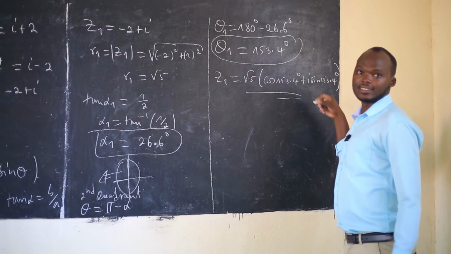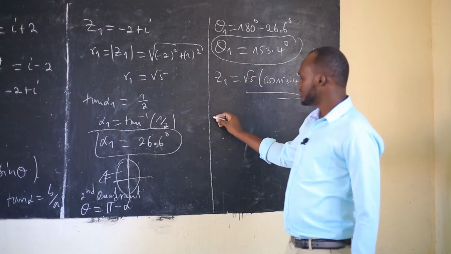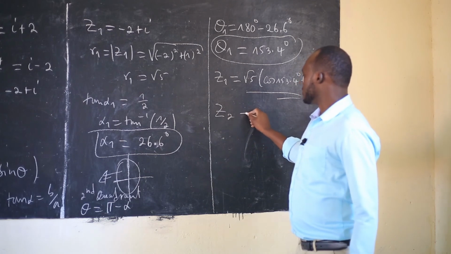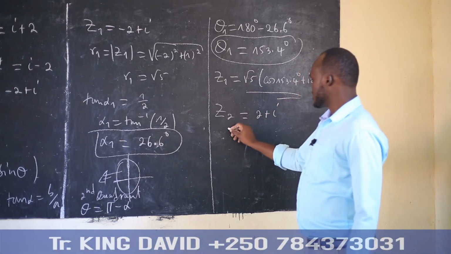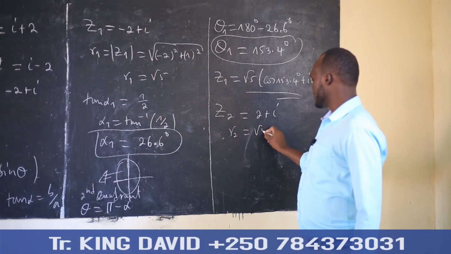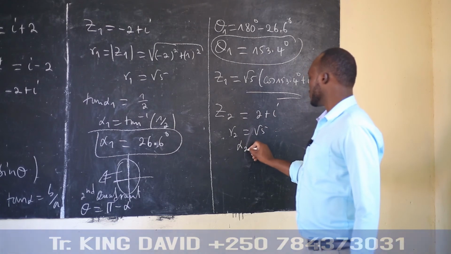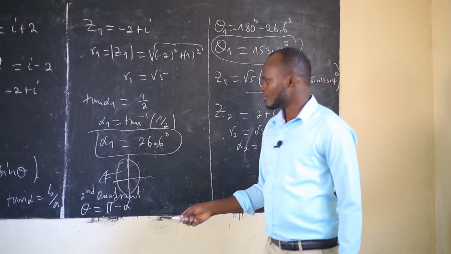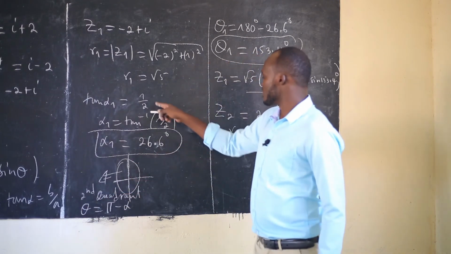So that is z1, root 1 in polar form. So what about root 2? We have z2 equal to 2 plus i. They have the same modulus, r2 is root 5. So alpha 2 also, we use the same formula, b over a, which is 1 over 2.